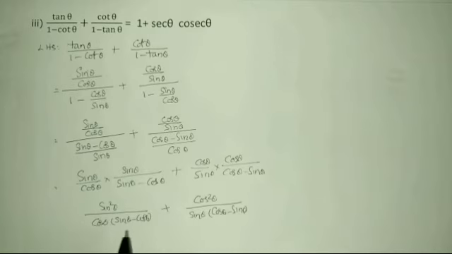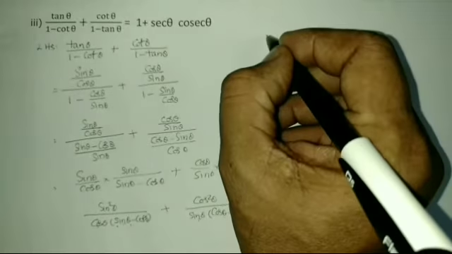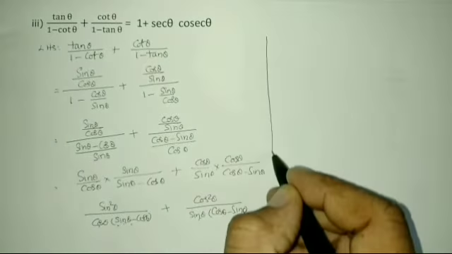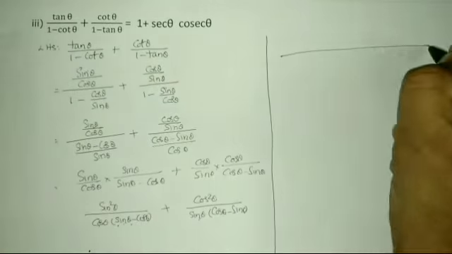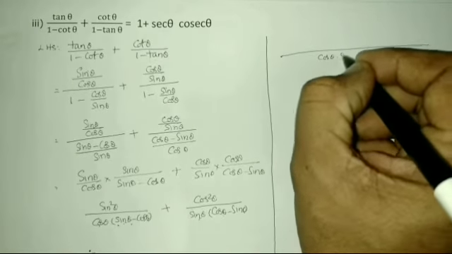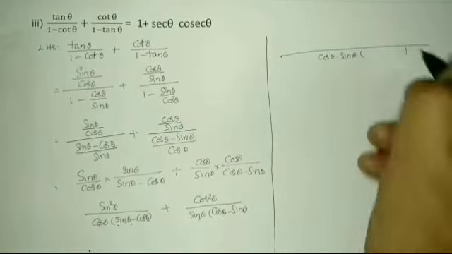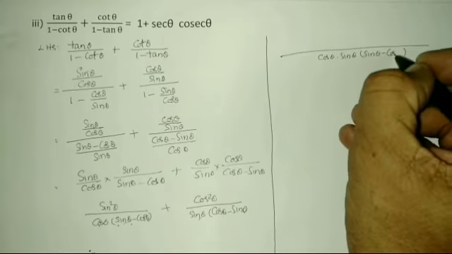Now we have to take the LCM. So the LCM of these two denominators is cos theta into sin theta into sin theta minus cos theta. LCM is cos theta into sin theta into sin theta minus cos theta.